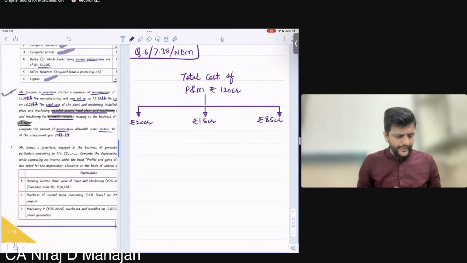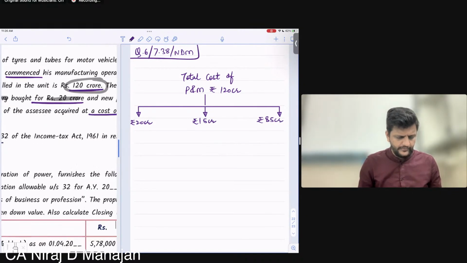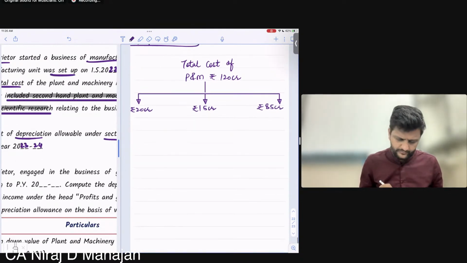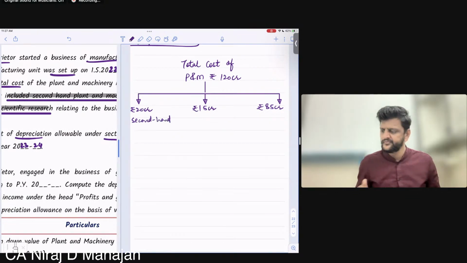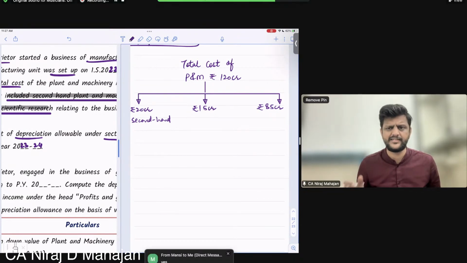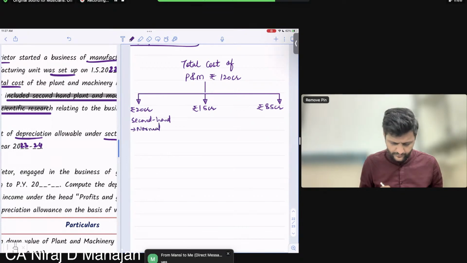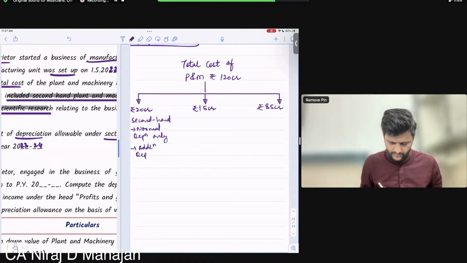Alright. Now 20 crore, look in the question, is a second hand plant and machinery. My question to you is, can we give normal depreciation to this or no? Tell me, yes or no? Can we give normal depreciation? Answer is yes. So I'll write down here. And additional depreciation not allowed.